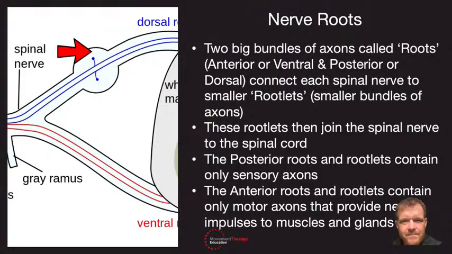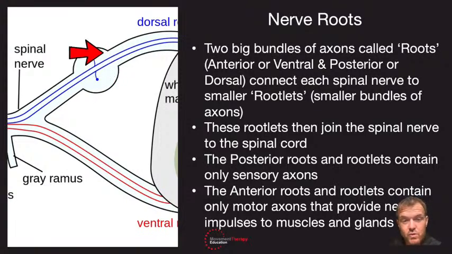This bit here, and you'll see it on the dissection in a second, is called the dorsal root ganglion. And a ganglion is like a gathering of stuff. Okay, so you might have heard of a ganglion cyst in the wrist. It's like a swelling. Yeah, so this is a swelling of sensory nerves. So there's more sensory nerves in this kind of bulb area than there is anywhere else.